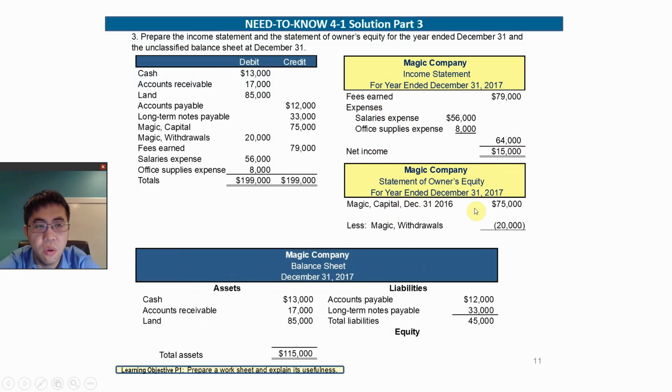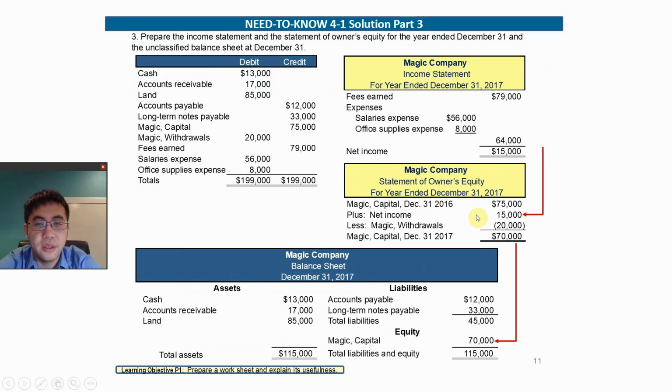And then you also need to record capital and withdrawals from the owners. And once you get the total capital or total owner's equity here, combining income, withdrawals, and the initial capital, you will find the finalized capital. You're going to put it in the equity part of the balance sheet.